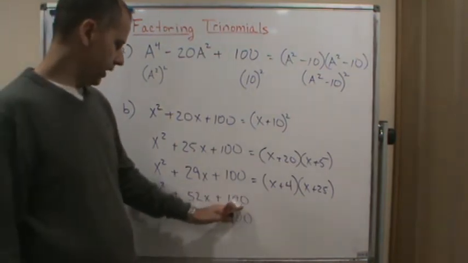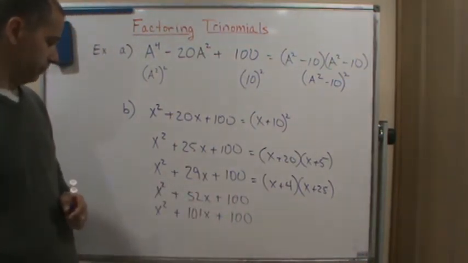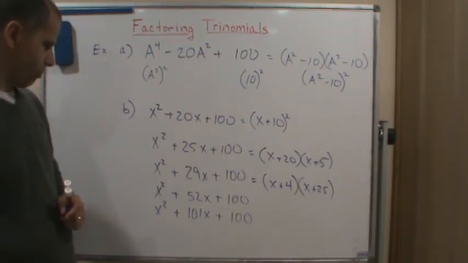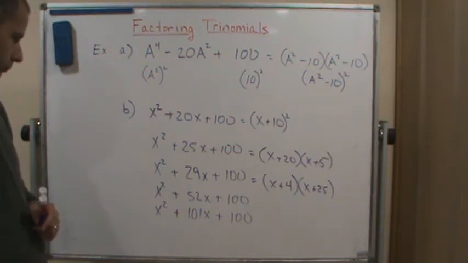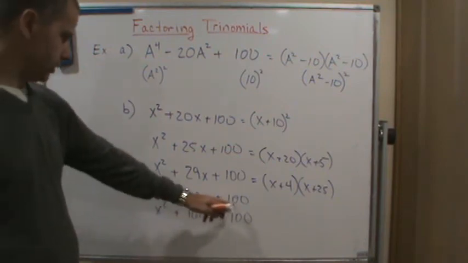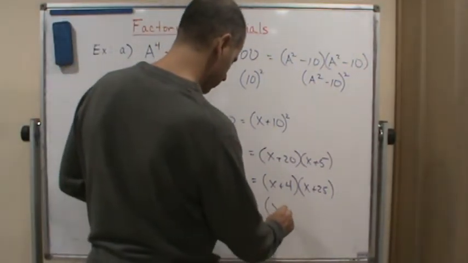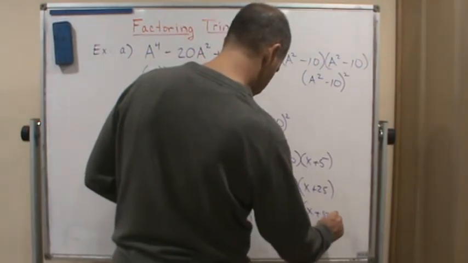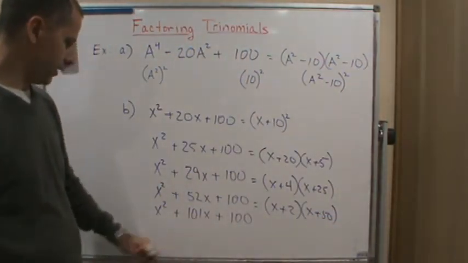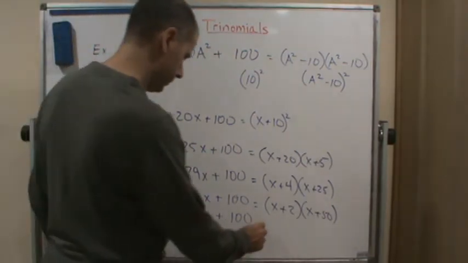What are two factors of 100 that add up to 52? Two times 50. And then, of course, 1 times 100 will add up to 101.